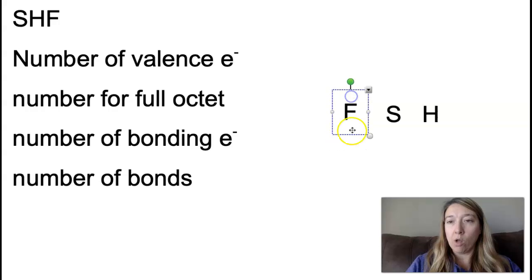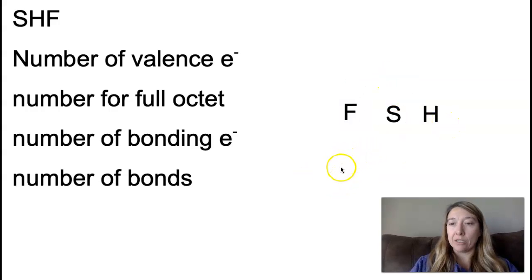Okay, you could have swapped the H and the F around. You could have put one on top and one below. You could put one on top and one to the right. It really doesn't matter yet. Later in the unit it will matter, but for now, really what we care about is figuring out which one is going to go in the middle, and then the other ones are just going to get placed around it.